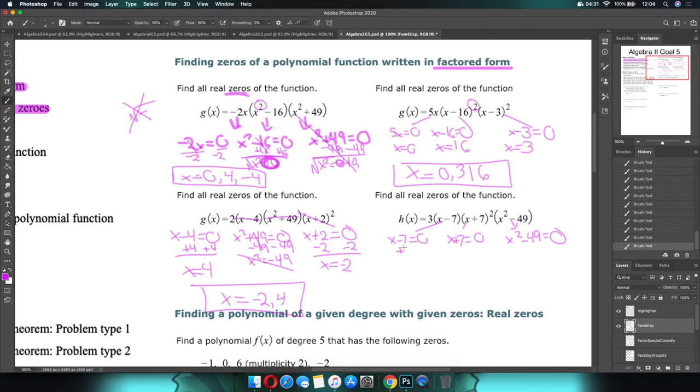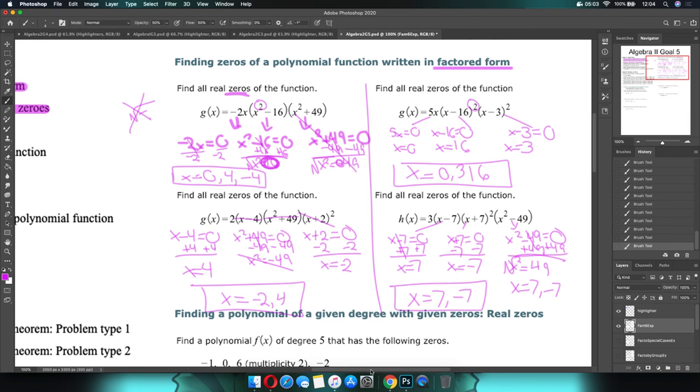Plus 7, x equals 7, minus 7, funny that, x equals negative 7, and then plus 49, the world was nice to us, x squared equals 49, square root, and what do I get? I get 7 and negative 7. So what are our answers for this one? We literally double counted 7 and negative 7.